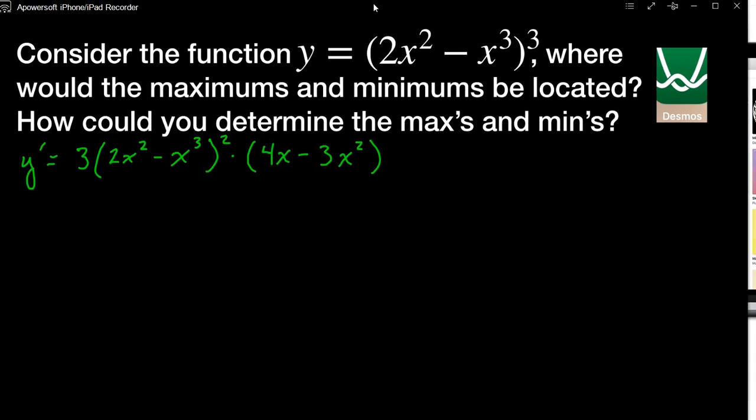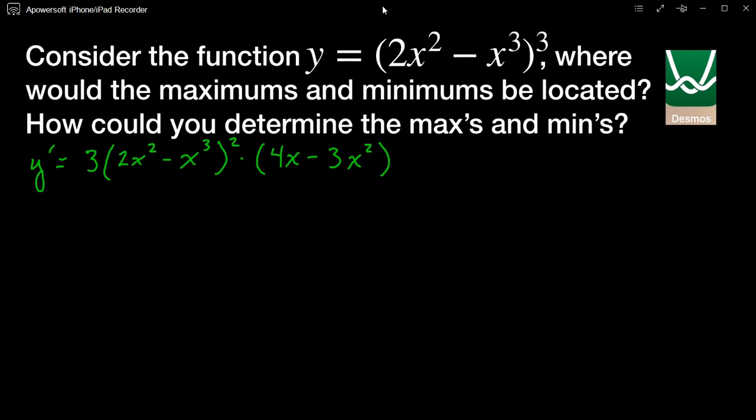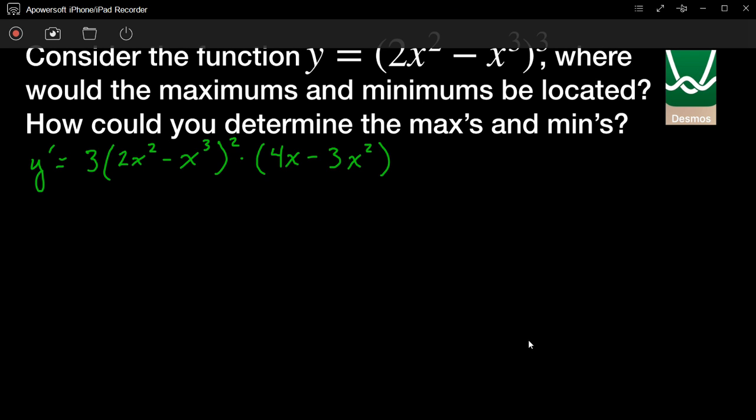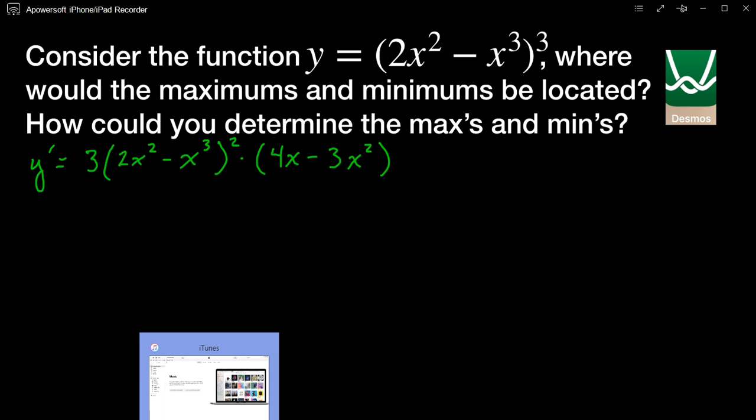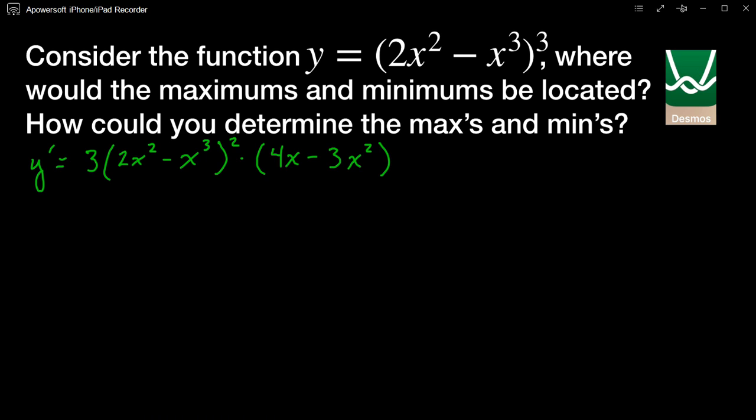Now there's going to be something about maximum minimums here that we have not really talked about yet, and so I want to go ahead and do that. And so with a maximum and minimum, one of the things that you're going to have is a horizontal tangent line.